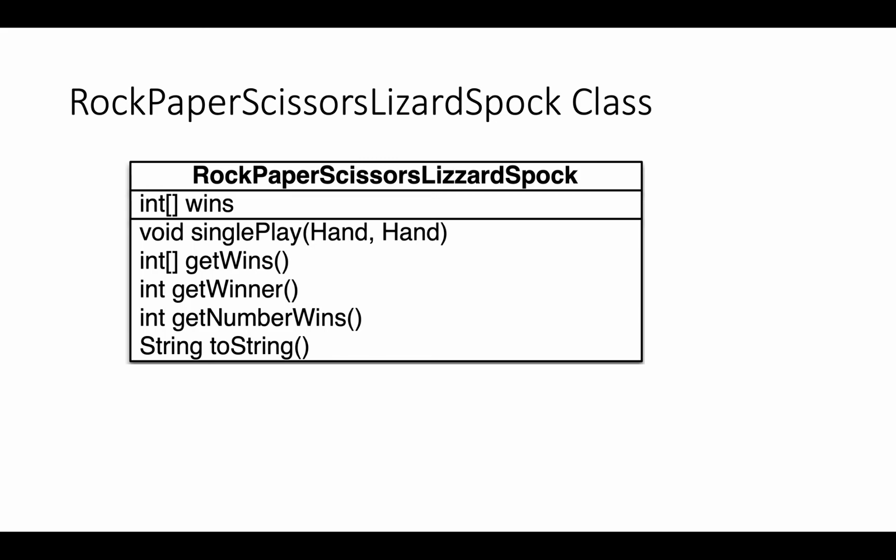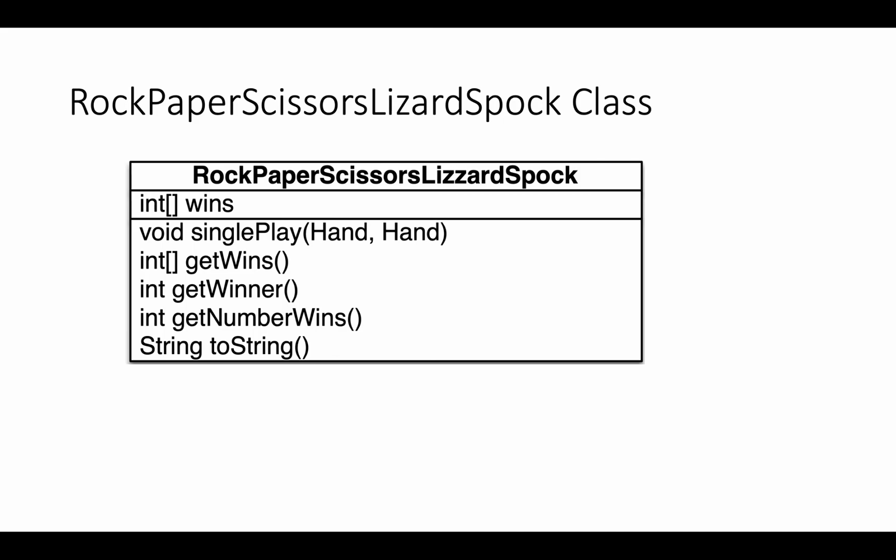The first argument is going to be for player 0, the second one for player 1. Then we're going to have a getter for the wins array. And then the winner, after a certain number of plays, is going to be the one whose wins are bigger. And there we'll either have player 0, player 1, and then if there's a tie, we're going to return something which is not one of those, say -1.